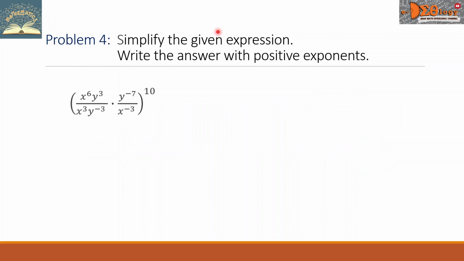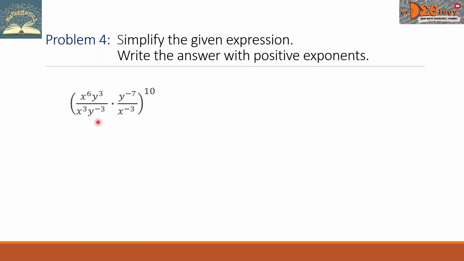Problem 4. Simplify the given expression. Write the answer with positive exponents. So we have x power 6 y cubed all over x cubed y raised to negative 3 times y raised to negative 7 all over x raised to negative 3. All these expressions raised to power 10.